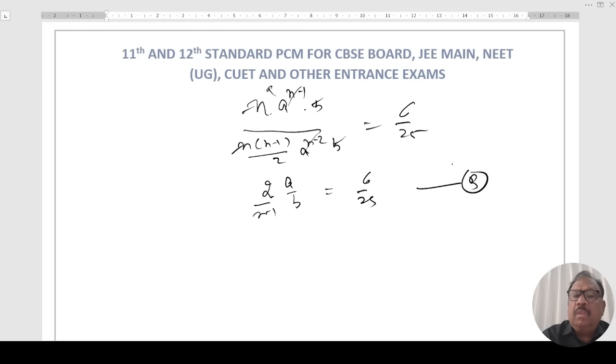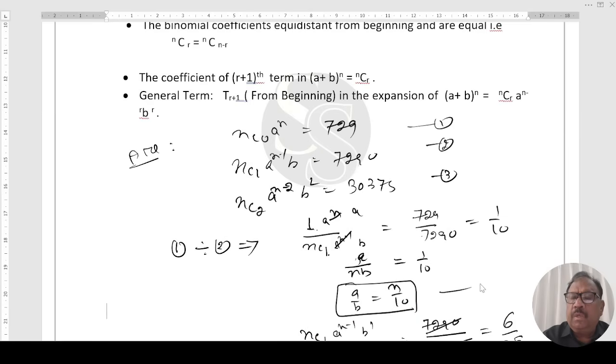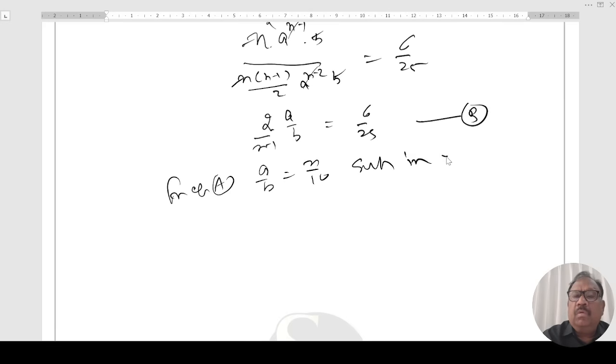Marking this equation as B, and equation A was our earlier one, a by b equal to n by 10. Substituting in equation B, we get 2 over n minus 1 into n by 10 equal to 6 by 25.